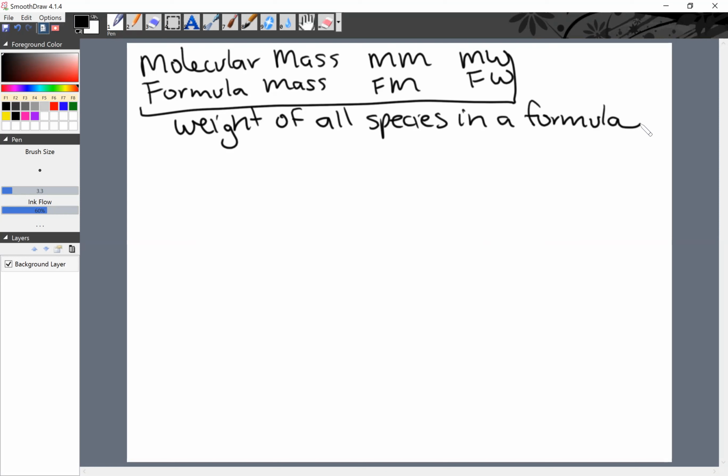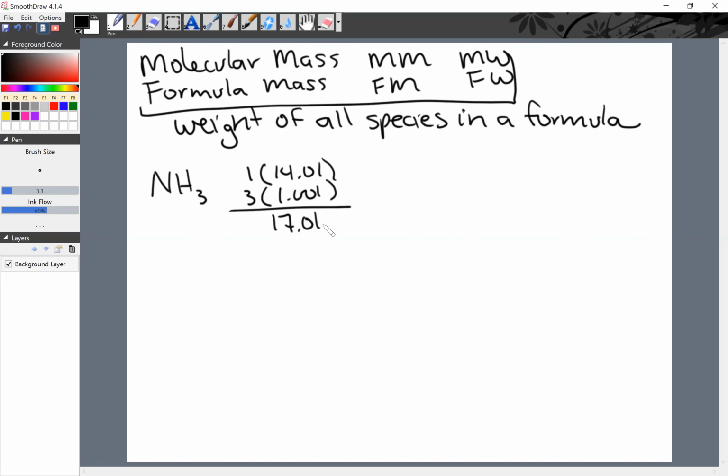So for instance, ammonia would be 1 nitrogen, which is 14.01, and 3 hydrogens. You take as many sig figs off the periodic table as you need. So it should be about 17.01.